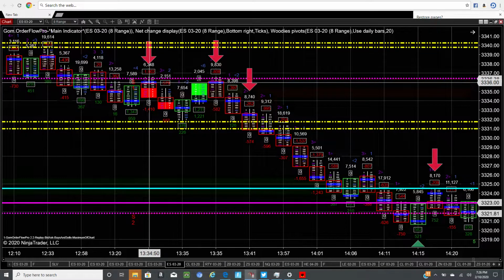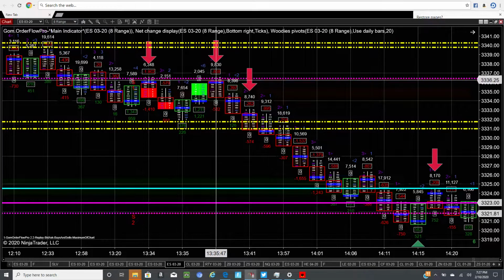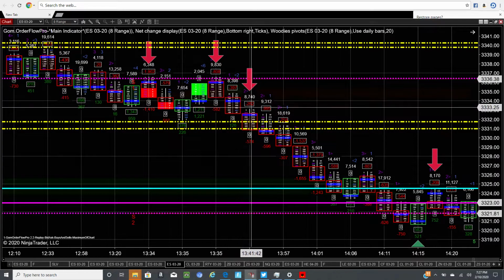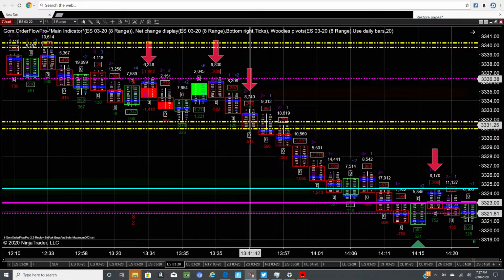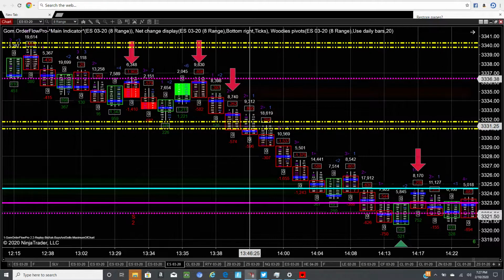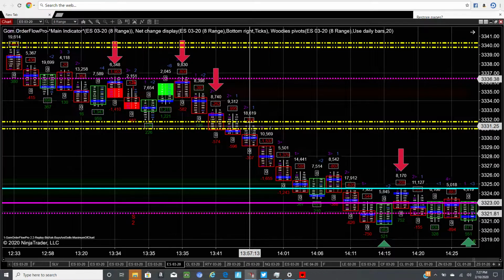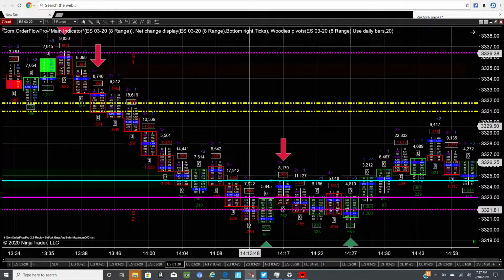And we have a hybrid sell, which is point of control is within 3 ticks from the high. And we have another one right here. And then we get another hybrid sell right at this yellow zone. So you know something's going on there, and it's coming on strong.